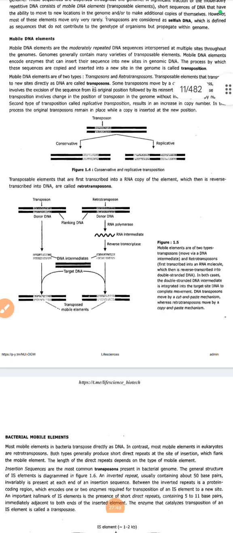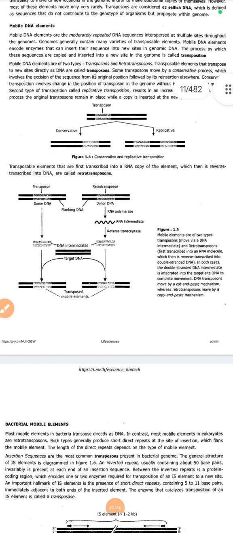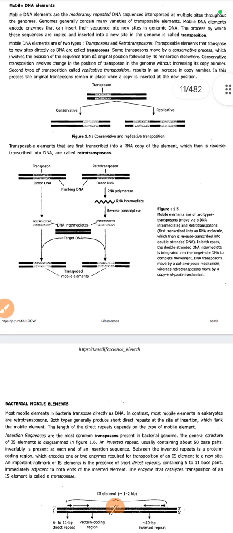Transposable elements that are first transcribed into RNA, which is then reverse transcribed into DNA, are called retrotransposons. So in retrotransposons, RNA is converted into DNA and then they do the transposition work. Mobile elements are of two types: transposons, which move by a DNA intermediate, and retrotransposons, where an RNA intermediate is formed and then reverse transcribed into double stranded DNA.